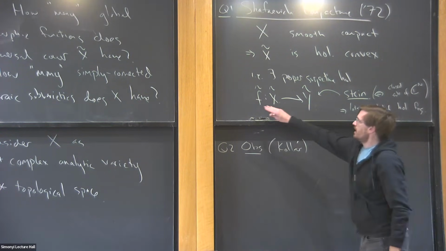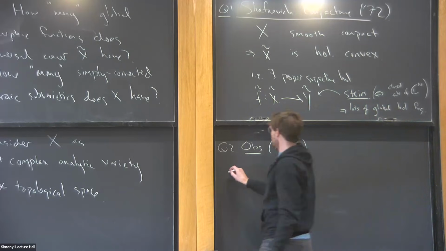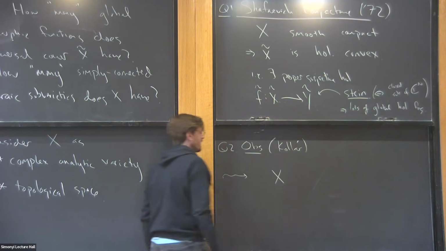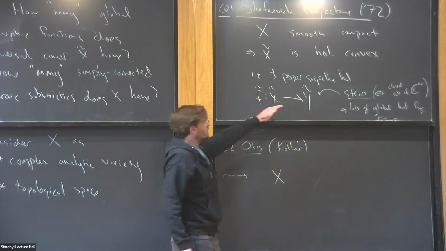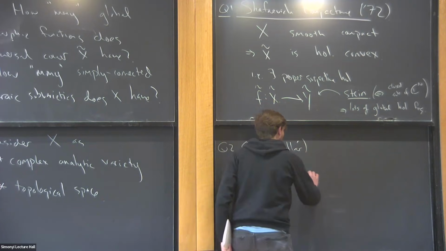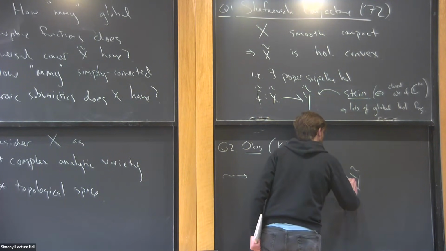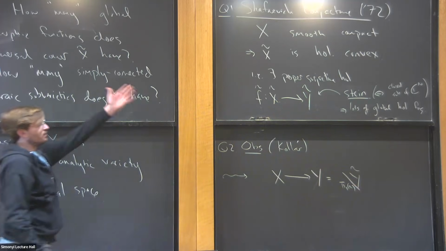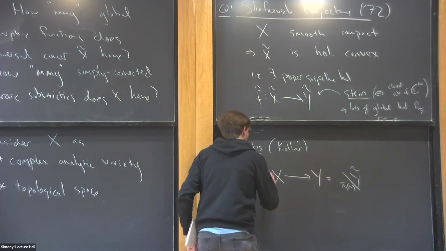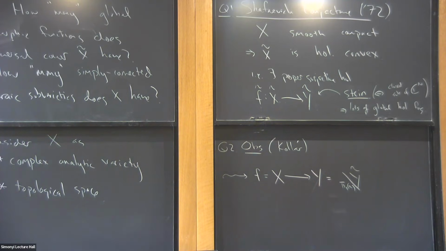There's a reason I called this F tilde from X tilde to Y tilde: I can take the quotient by pi 1, which gets me down to X. Because this is proper surjective, in fact pi 1 acts discretely on Y tilde, so I get a reasonable space downstairs when I take the quotient. Since everything is compact, by GAGA this is in fact an algebraic variety, so this is an algebraic map. We get this algebraic map just by taking quotients.